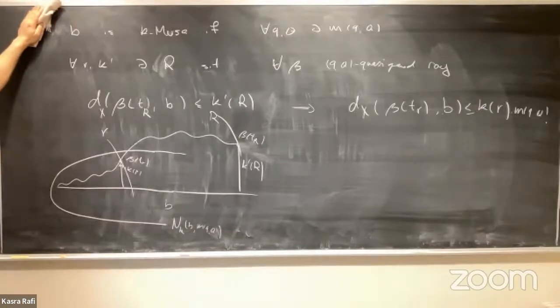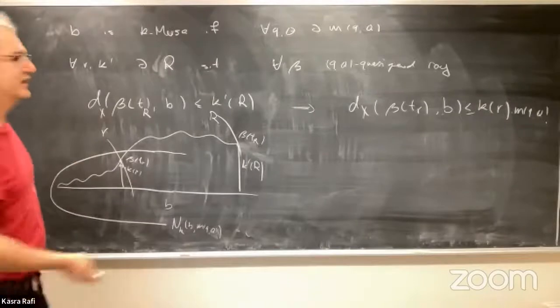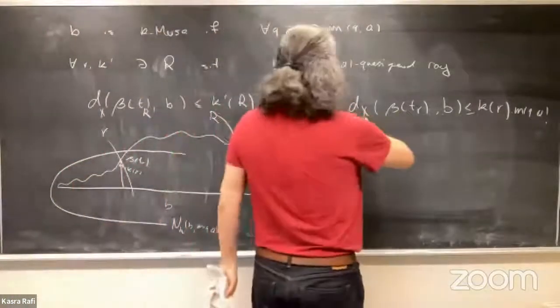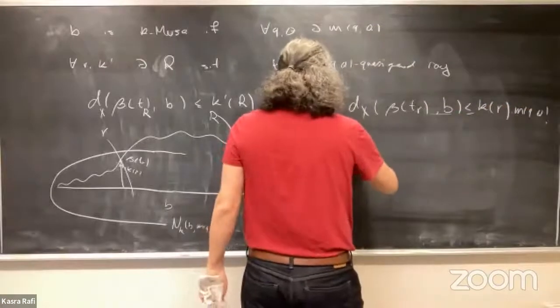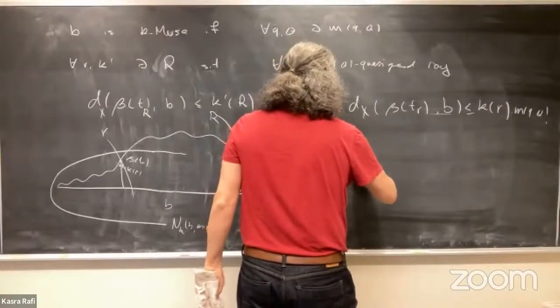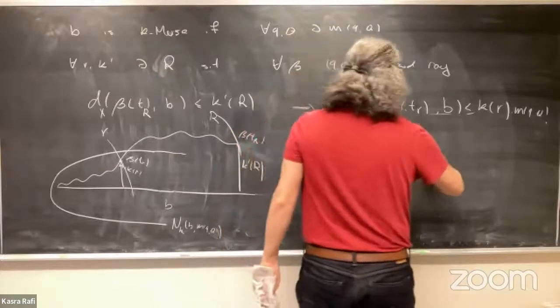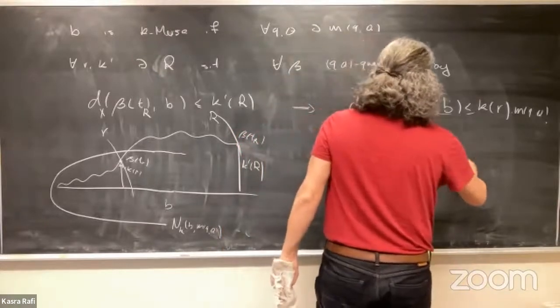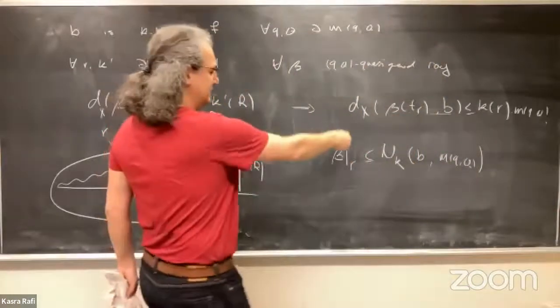This is also a review from last time, but maybe one more notation. Instead of writing things like that, sometimes I write B restricted to R is contained in N_kappa of B, M of Q, Q. Actually, this is what I really want.